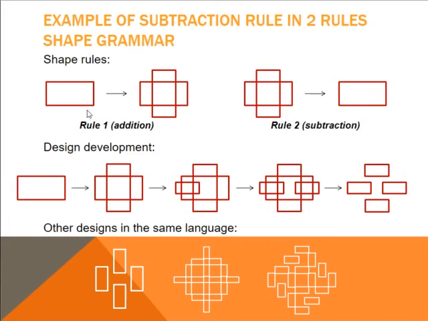So you apply rule number 1 and create this. From here you have options: apply rule number 1 again to any of these smaller rectangular shapes, or apply rule number 2, where you subtract the vertical rectangular shape.